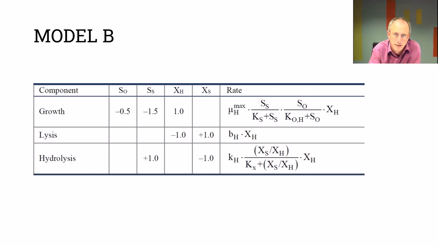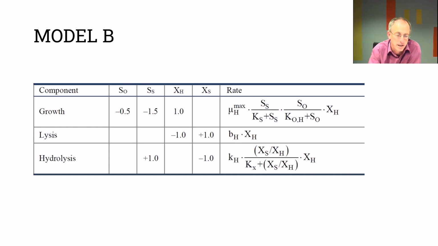You could also have a part that is particulate and a part that is soluble, but it has been proven that assuming the slowly biodegradable material is particulate will work in the total model exercise. And to make the distinction between soluble and particulate is of course needed, because we need to know which compounds will settle in the clarifier and which compounds will just go out with the effluent.